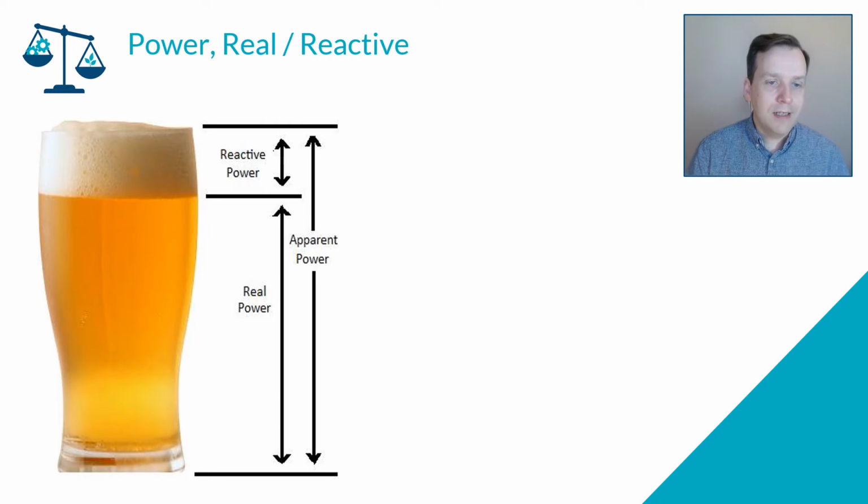Now, ideally you only pay for the real power, but the apparent power reflects your capacity. So if you have significant reactive power, then you're consuming your available capacity, i.e. the volume of the pint here, if you like.